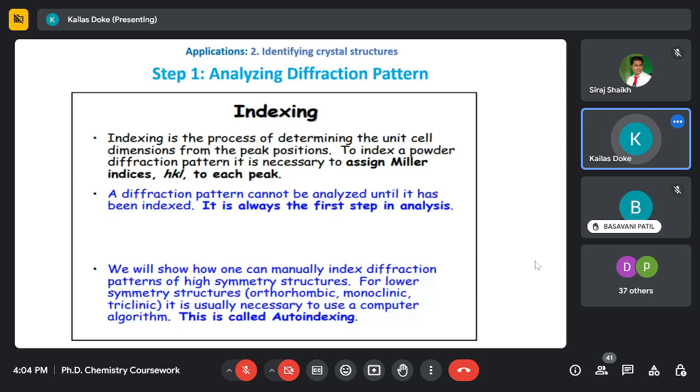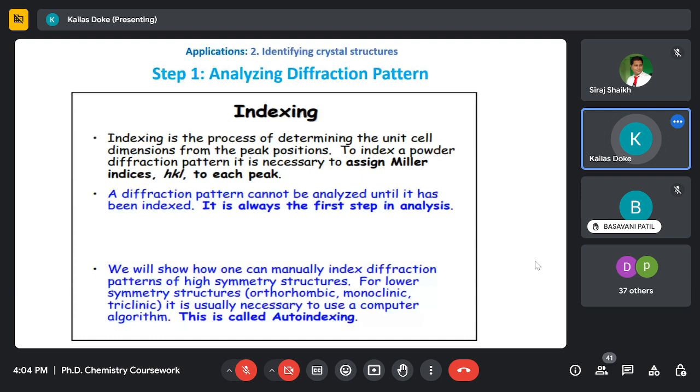You tell me what type of lattice it is on Saturday, or you can submit the assignments. Okay, so the first step for identifying the crystal structure, whether it is simple cubic or body-centered cubic or tetragonal or hexagonal, is indexing.